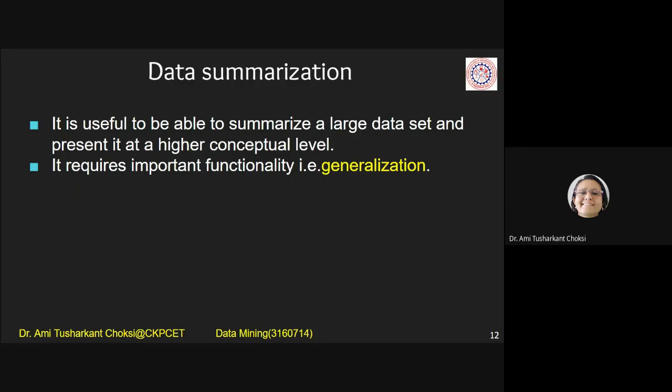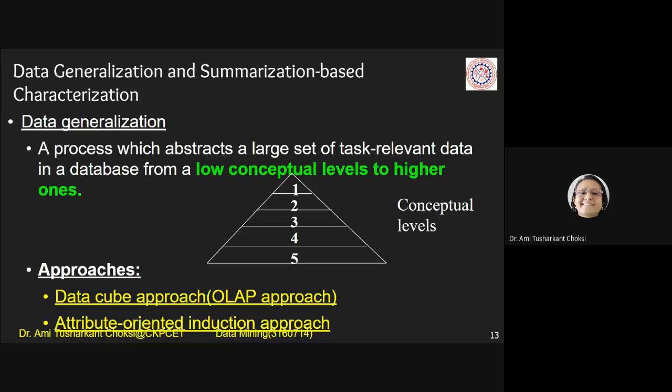Now, data summarization. It is useful to be able to summarize a large data set and present it at a higher conceptual level. It requires an important functionality, that is generalization, right? Now, data generalization and summarization based characterization.